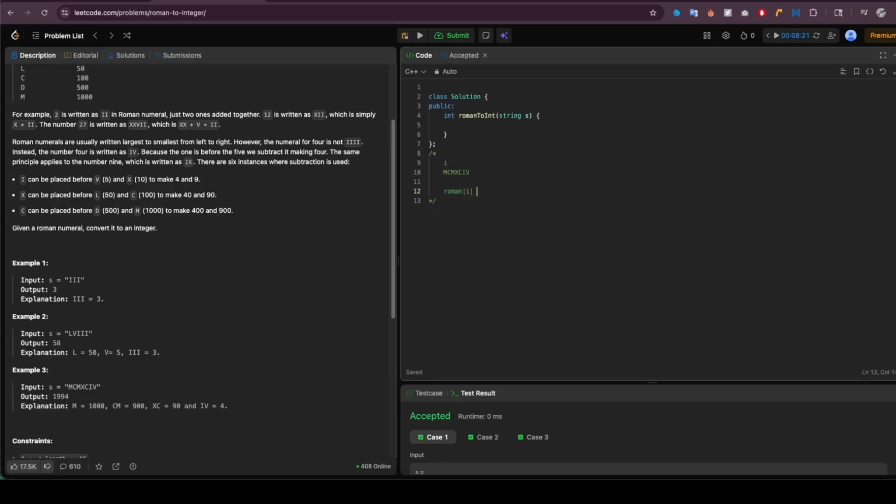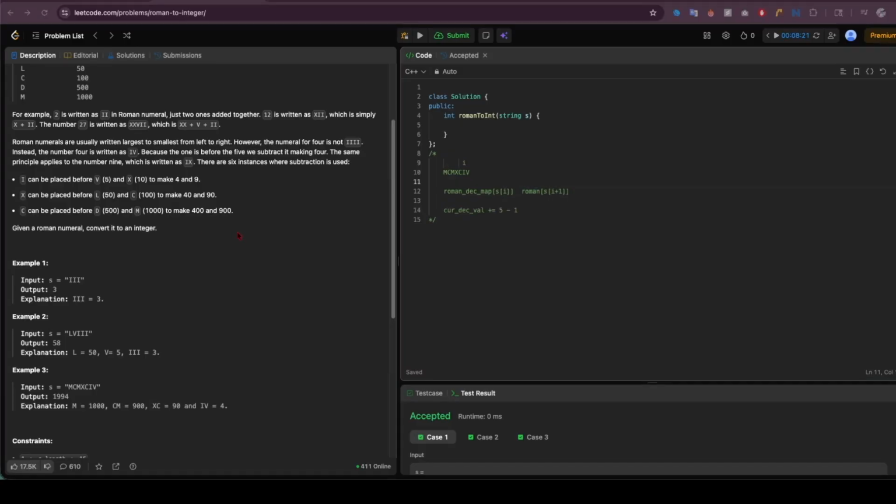Let's say we map it to our decimal form, and we consider these two numbers as i and i plus 1.